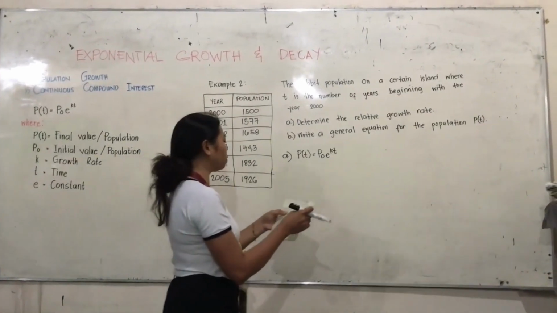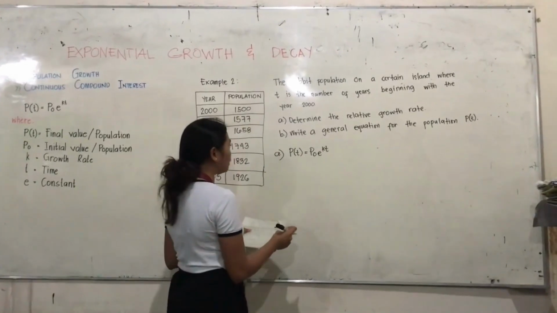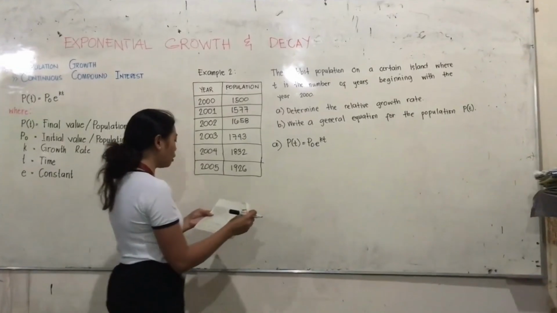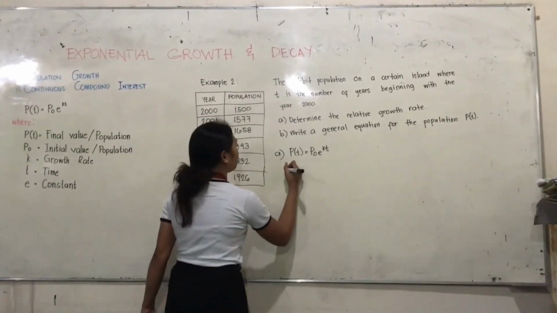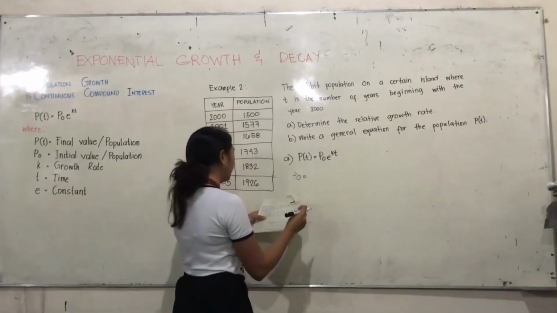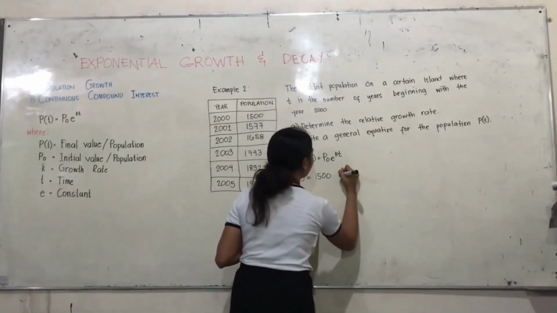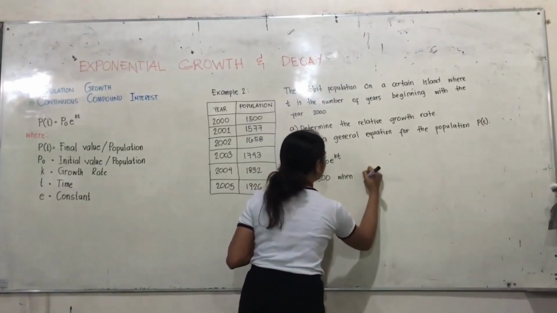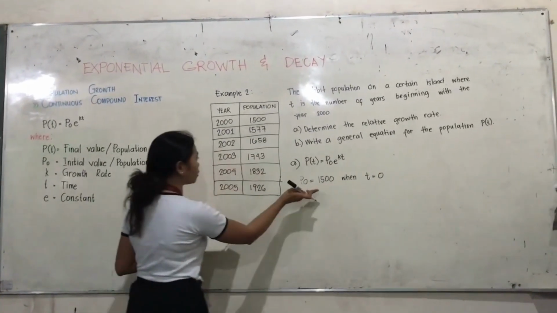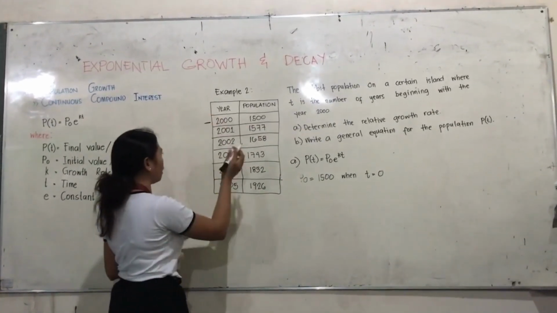To determine the growth rate, we need to use this equation: P of T is equal to P0 e raised to the power of K times T. So first, what is exactly P0? So P0 is 1,500 when T, or time, is equal to 0. We come up with this given by just looking at the table.